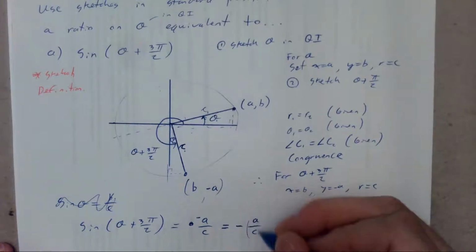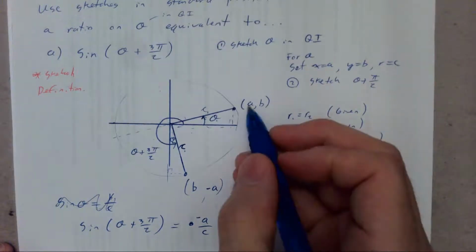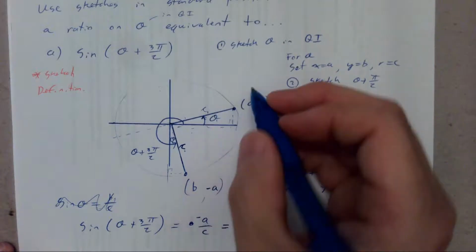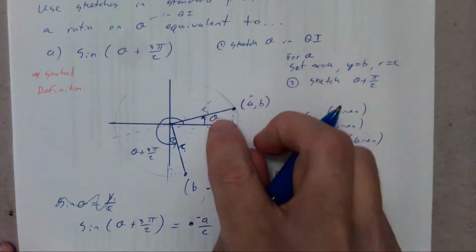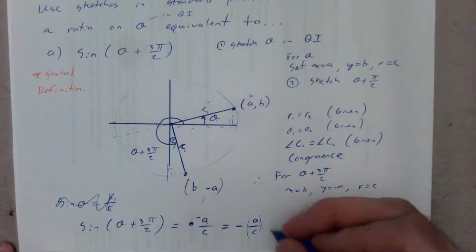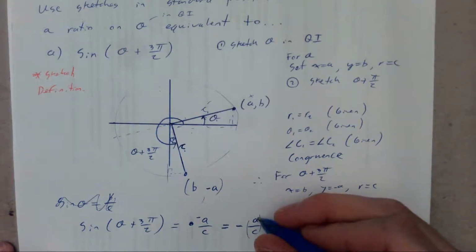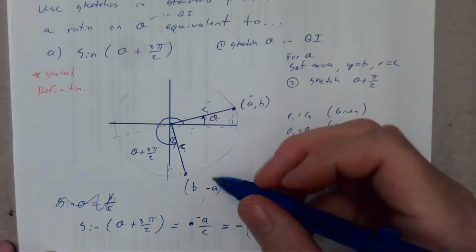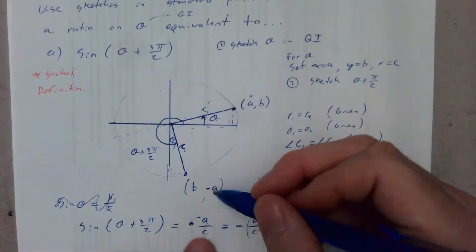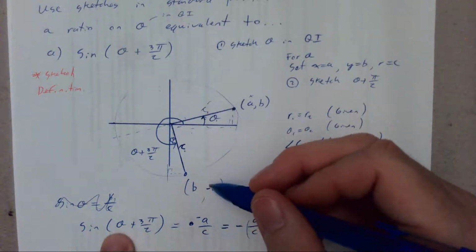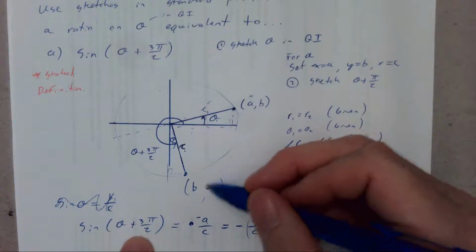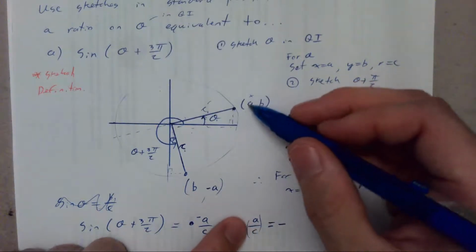Where have I seen the ratio of a to c before? Well, the ratio of a to c would have been the ratio of x to r for theta. So if I just leave that negative out there, I notice that this is theta's x to theta's r. It's not theta plus 3 pi by 2's y. No, it's theta's x.